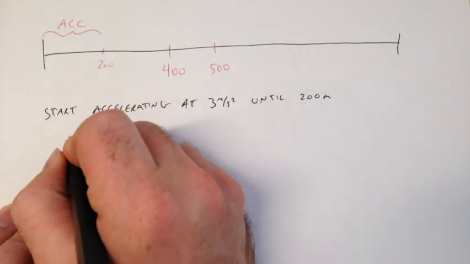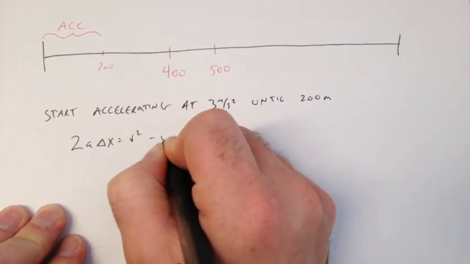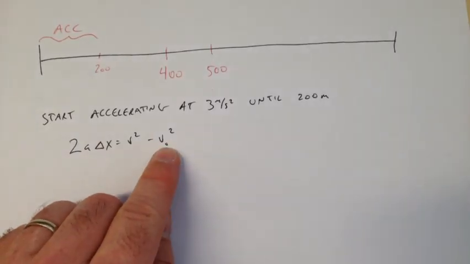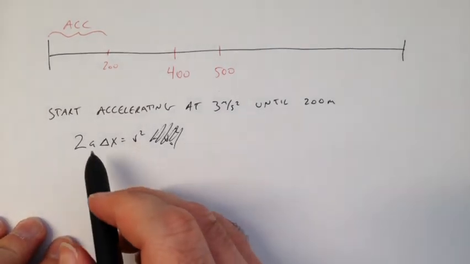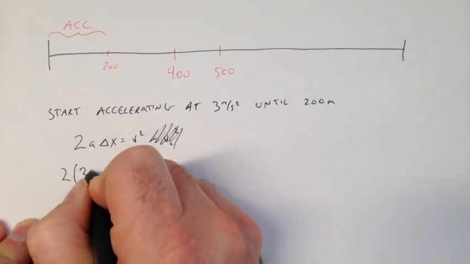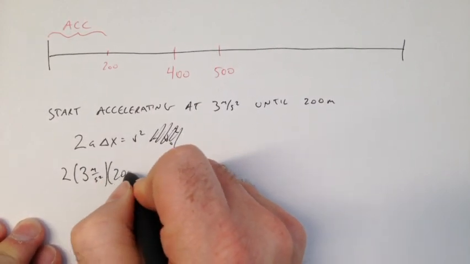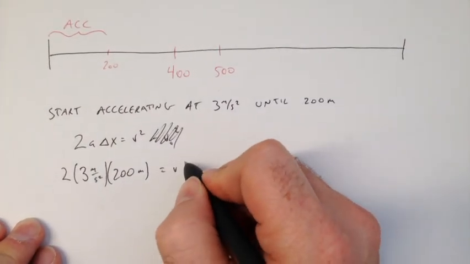So I'm going to use this equation, 2a delta x equals v squared minus v0 squared. Since I'm starting at rest, this is 0. And this is all I have to worry about. 2 times the acceleration, which is 3, the distance, which is 200, and I don't know the speed, but I'm about to get it.